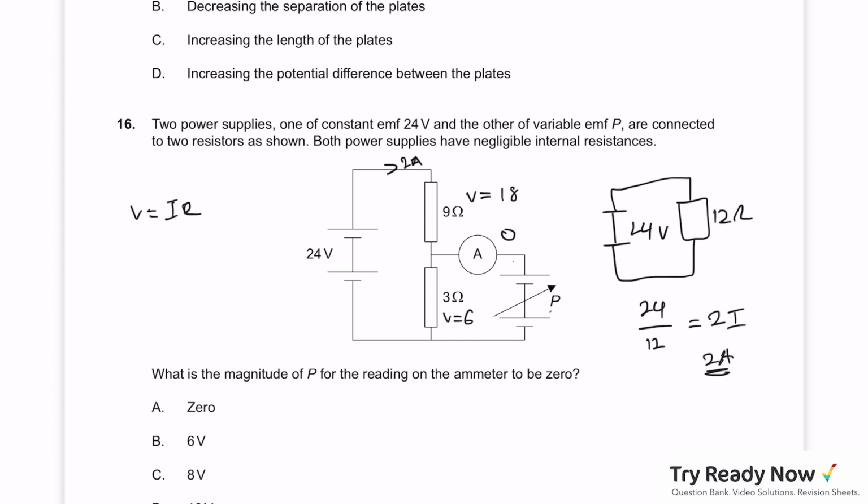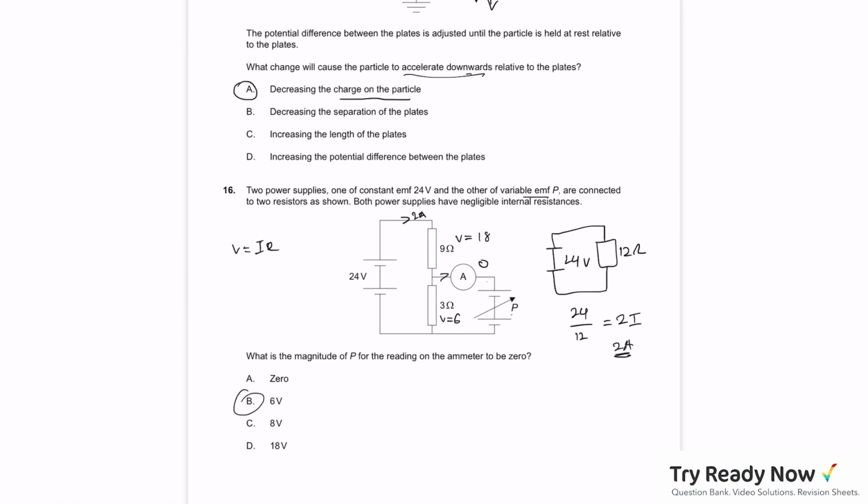That means if we want the ammeter to read 0, so no current flows through here, we should have a power supply here with an EMF of 6 volts too, because no current will be flowing as these two equal each other and cancel out. So that's question 16. The answer is B.